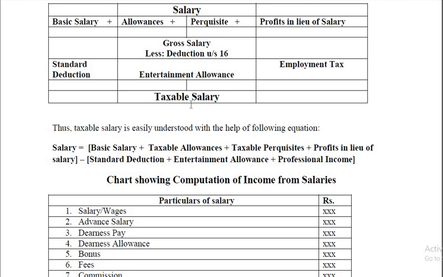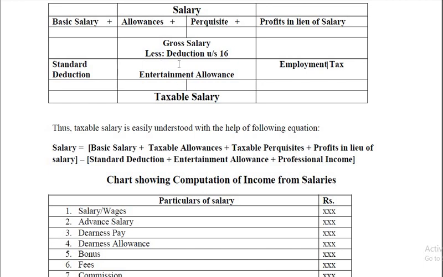Of the three, whichever is the least, that is deductible under section 16 subsection 2, and this deduction is applicable only in the case of government employees. Third one is employment tax. So this is applicable to all types of employees, whether the employee is drawing very low salary or high salary. So this is employment tax under section 16 subsection 3.